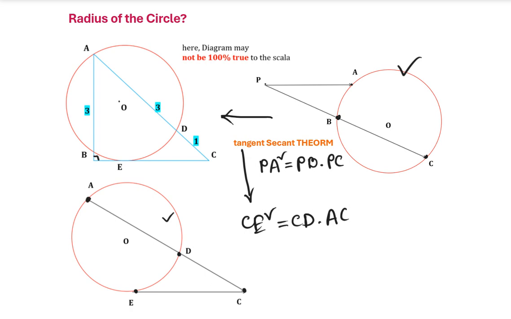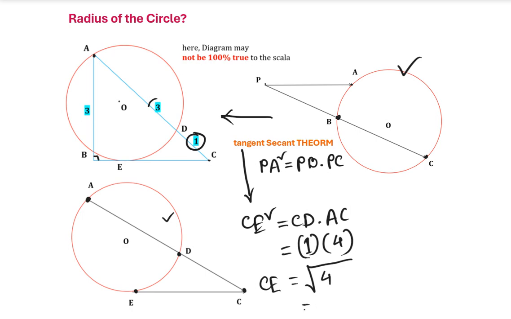Now it's time to plug in the value of CD. What is the value of CD? That is 1, and AC is from here to here. So AC is 3 plus 1, that is 4. So CD is 1 and AC is 4. So CE is equal to the square root of 4.